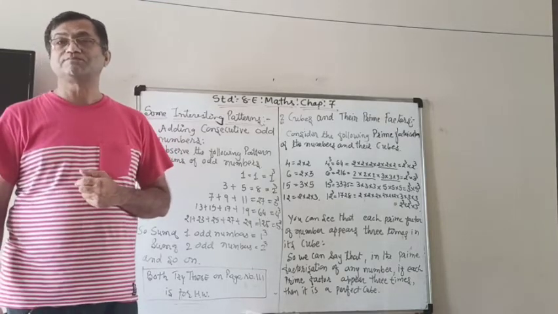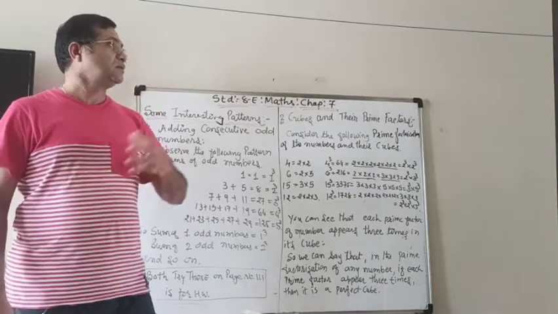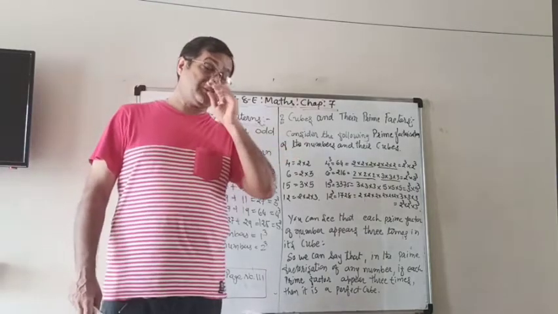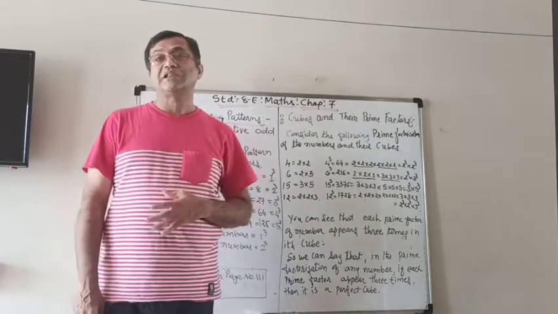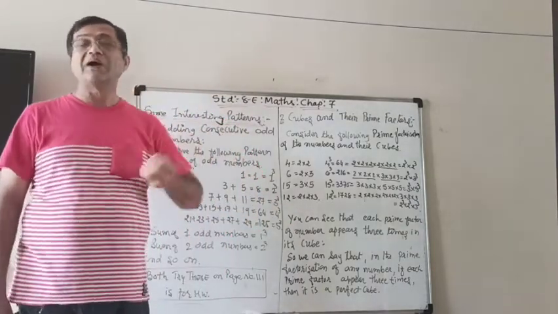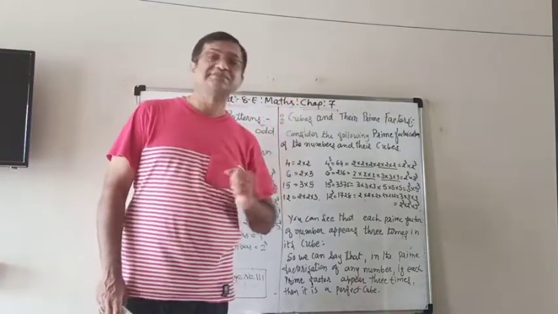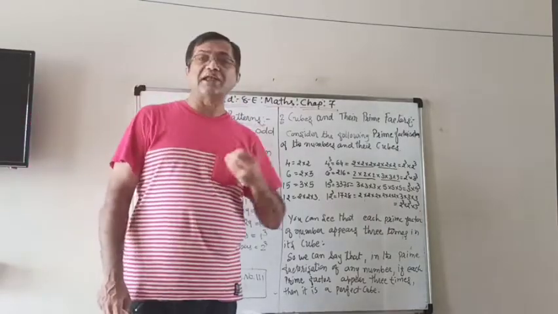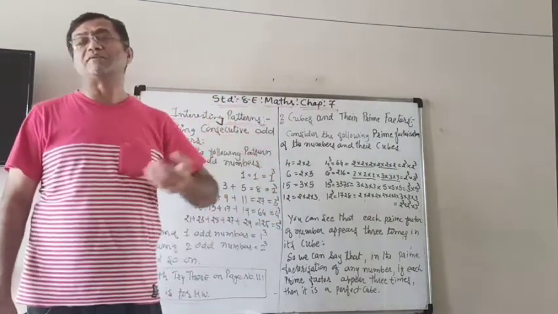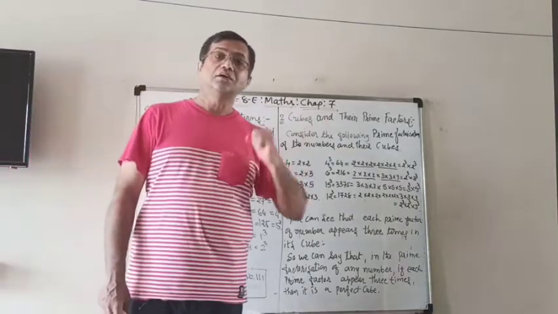Also we learn some properties: when the ones digit is 0, 1, 4, 5, 6 or 9, the cube will have the same digit again in the ones place.